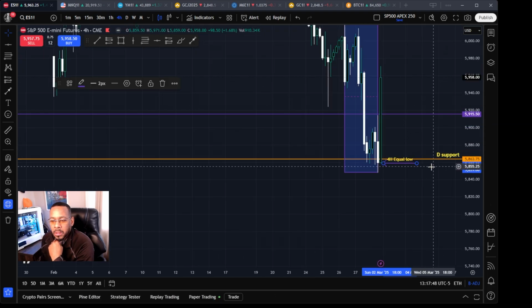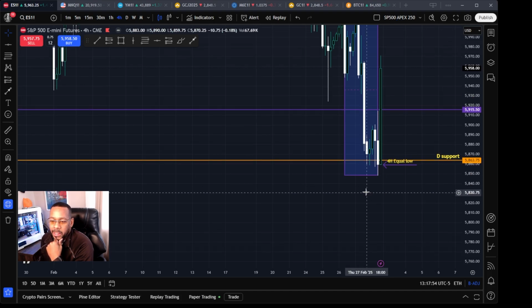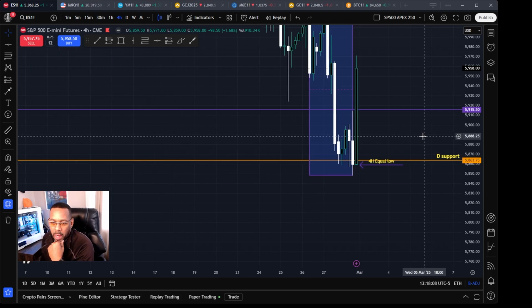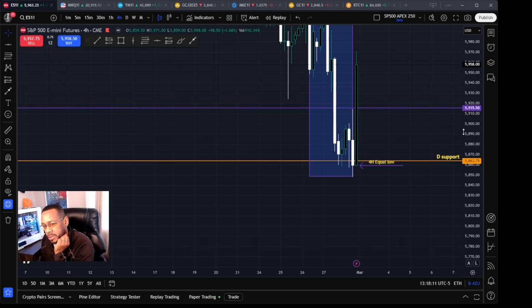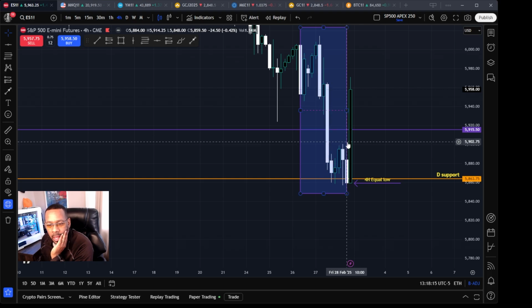Overall, you see we have a 4 hour equal low right here, a little small itty bitty wick. The close was 5958, the low was 5859. So for a 4 hour, it's pretty much an equal low. Little jump there back.